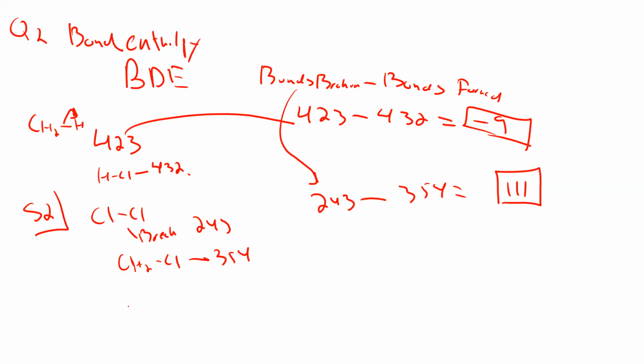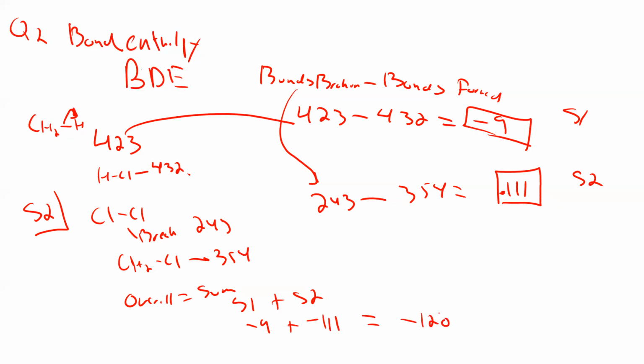So the overall is just the sum of step 1 plus step 2. Step 1 is -9, step 2 is -111, and this equals -120. Sorry about that. Let me make that a little better.